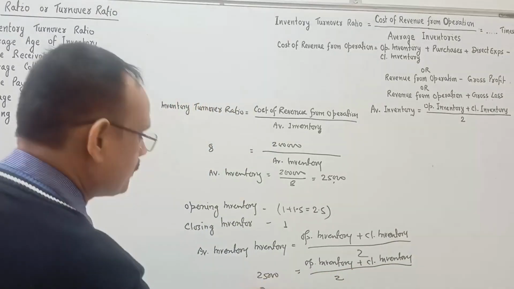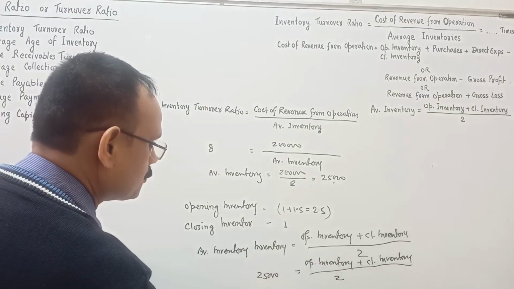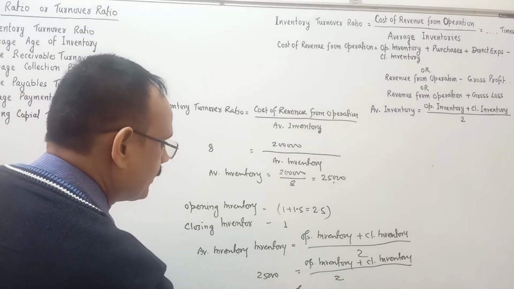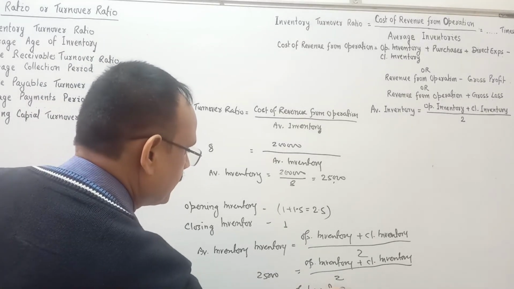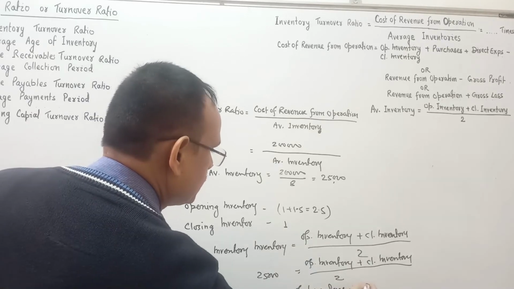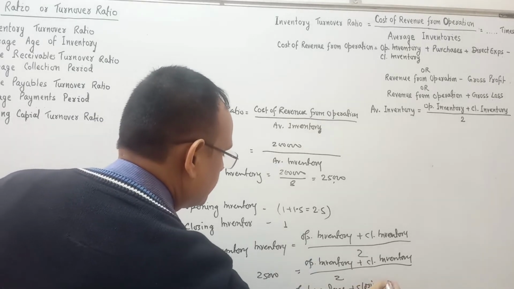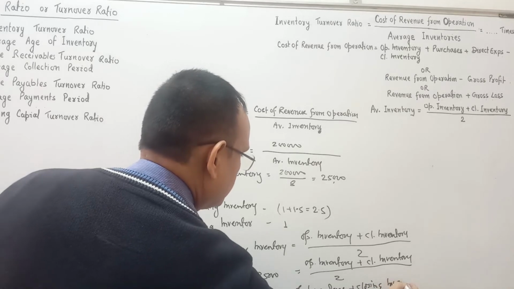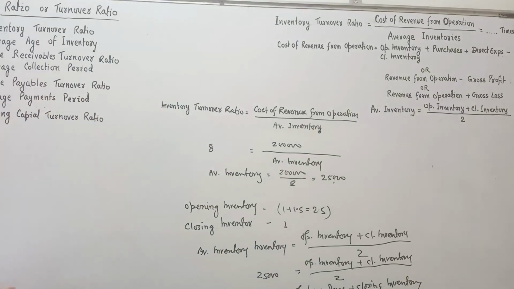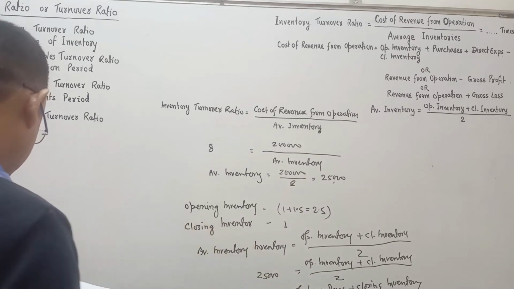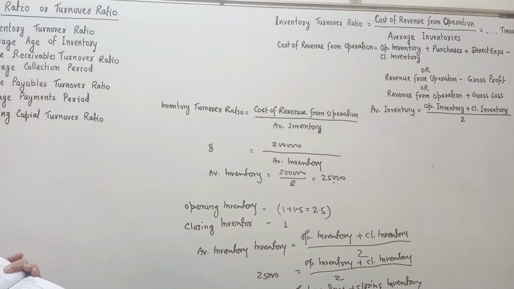So when cross multiplied, 50,000 is equal to opening inventory plus closing inventory. Opening inventory plus closing inventory is 50,000.